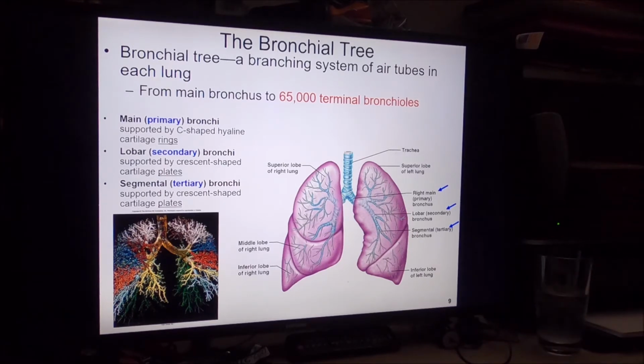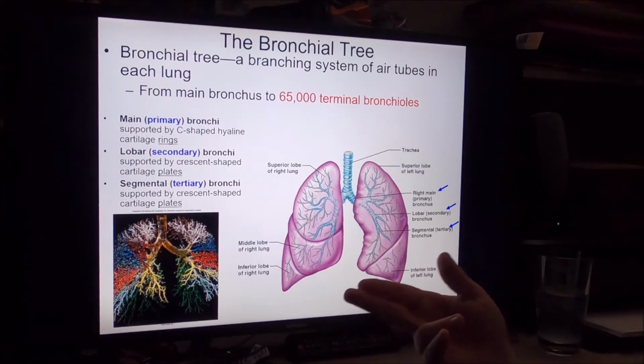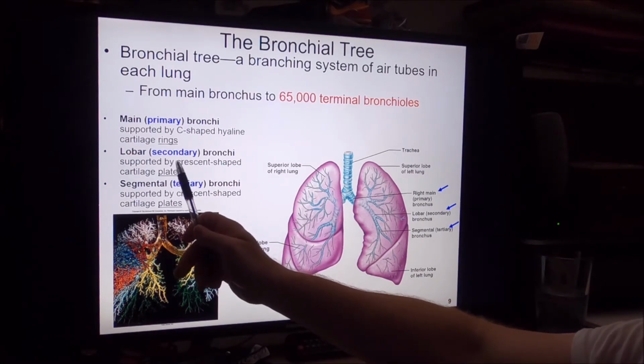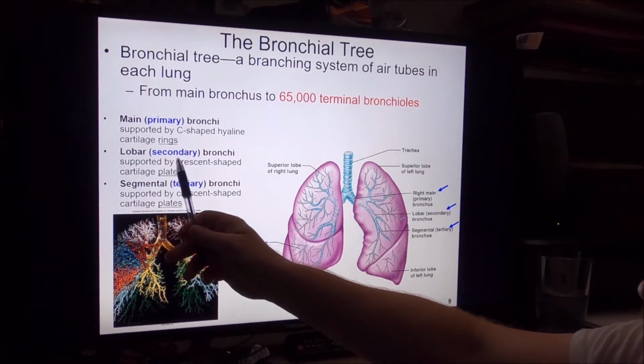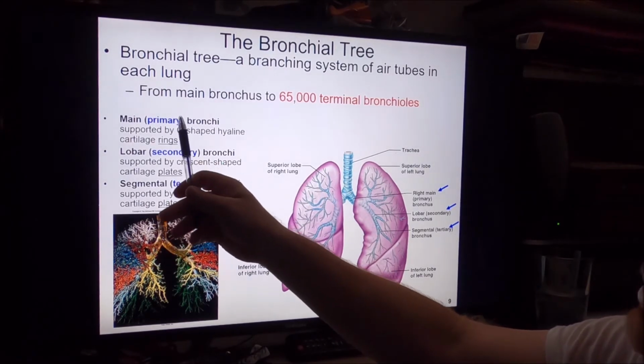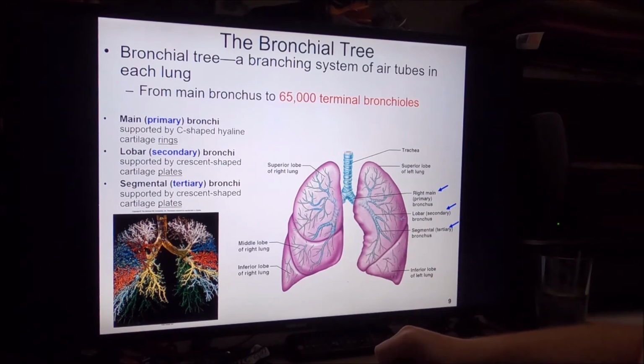You take two tertiary bronchi and bring those together, that makes a secondary bronchi. Take two secondary bronchi, bring those together, that makes a primary bronchi. Take two primary bronchi, bring those together, and you got the trachea. So that's the order that this runs in.